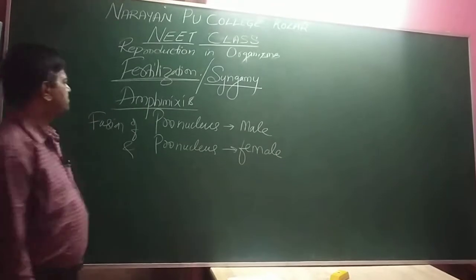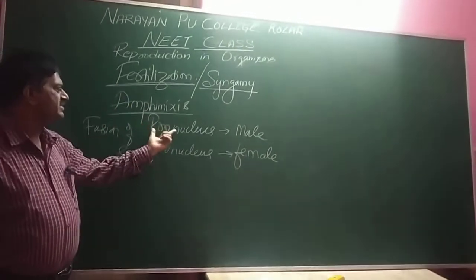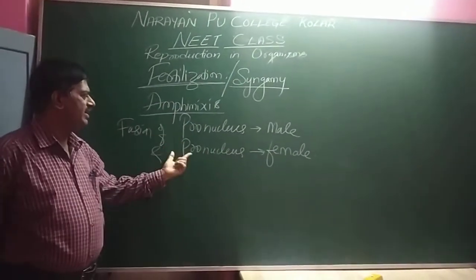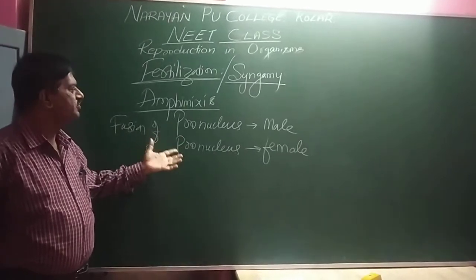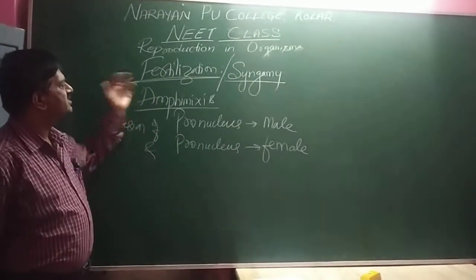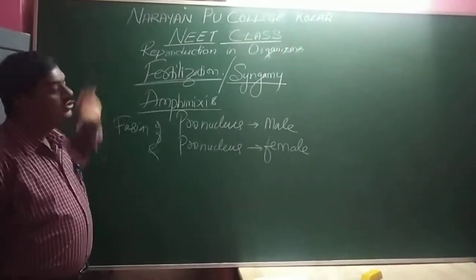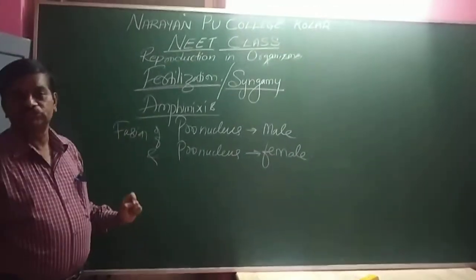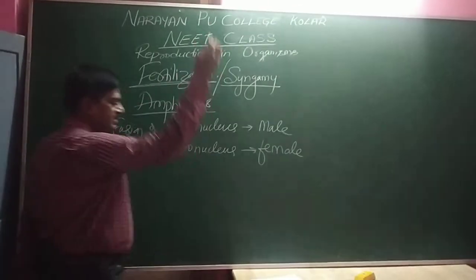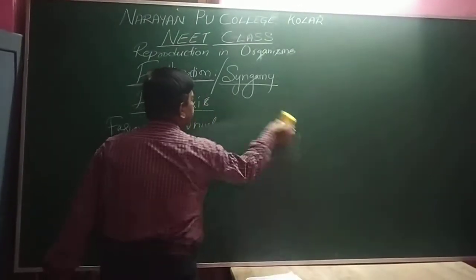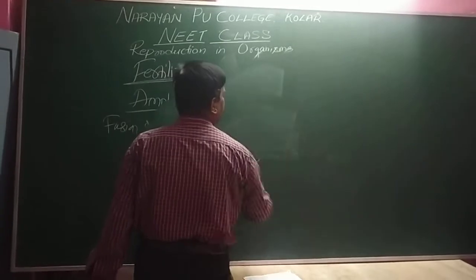I repeat this: amphimixis is the pronucleus of a male and the pronucleus of a female fused together. This is called fertilization. Now, we'll step into two types of fertilization: external fertilization and internal fertilization.